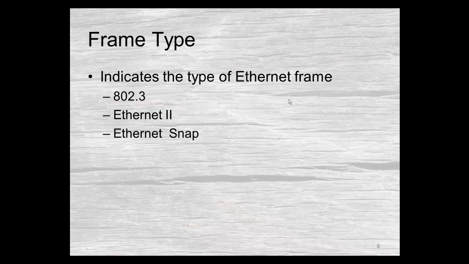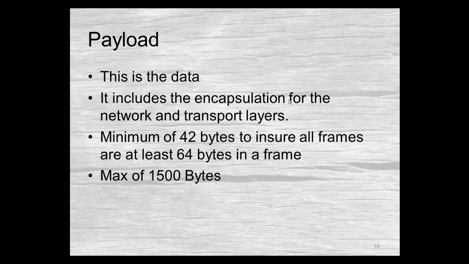The frame type field indicates the type of frame. It is, for example, 802.3 or Ethernet 2, Ethernet SNAP, or any of the many other frame types out there, most of which are either not used or very rarely used.